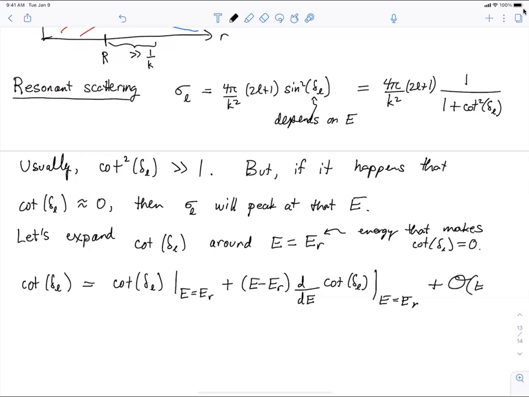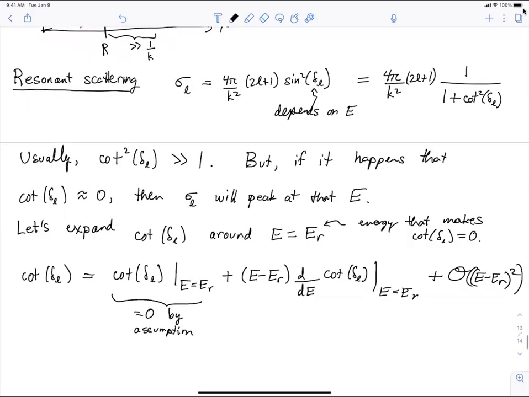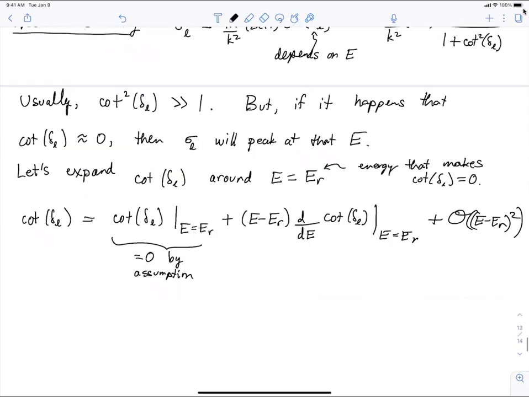Plus order E minus E_R squared. Okay, and this is 0 by assumption. And this thing here is just some constant.